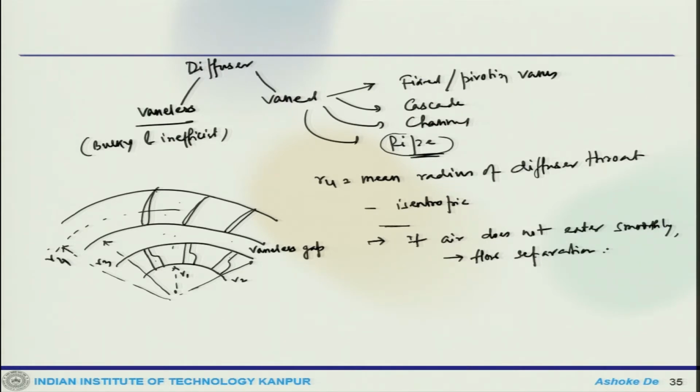So, what is important is that the design of the diffuser becomes important. So, this is an important task, and out of that obviously the vane is one component, second is the throat. So, these are the two components.